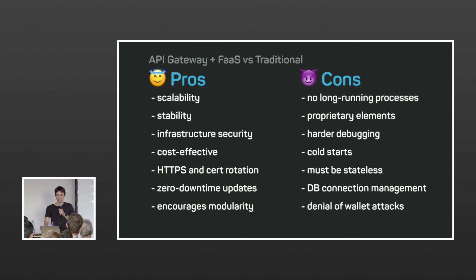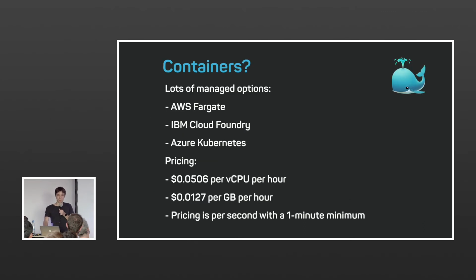Now, if you simply can't go serverless because of these cons, there's always containers. And to me as a developer, I still found containers pretty complicated because they were previously fairly hard to deploy as well. With managed options like Fargate, Cloud Foundry, and Azure Kubernetes, this is much easier. So it's pretty great.